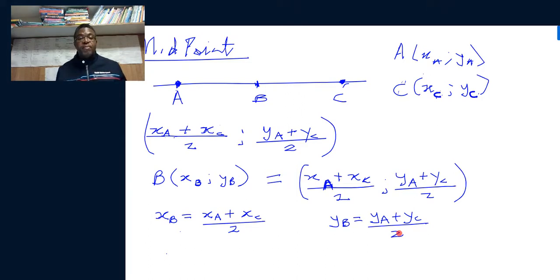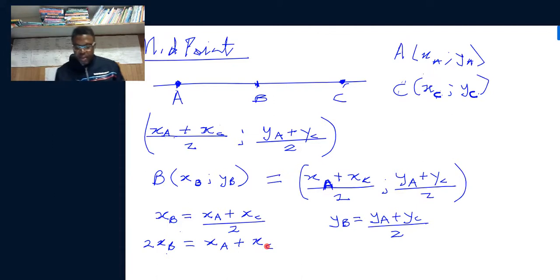But what if they give you the midpoint for the X value and they are asking for the corresponding X value at point C? So simple. You're going to have XA plus XC.